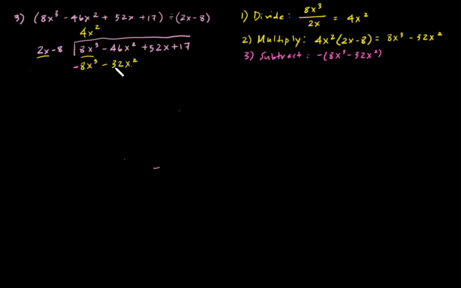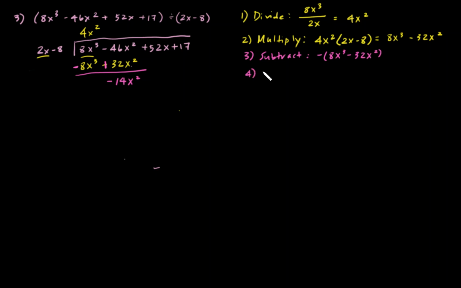So it changes that term's sign and it changes this term's sign. So we have 8x cubed minus 8x cubed, so we have a 0. We were successful. Negative 46 plus 32, so that ends up becoming negative 14x squared.